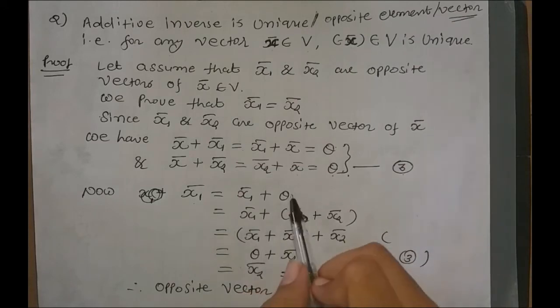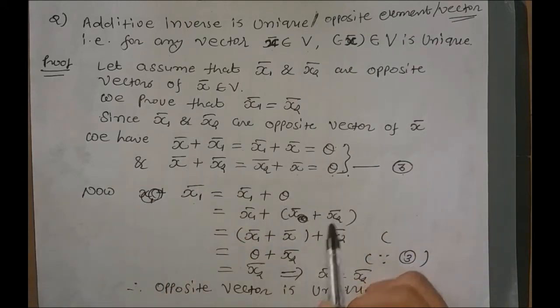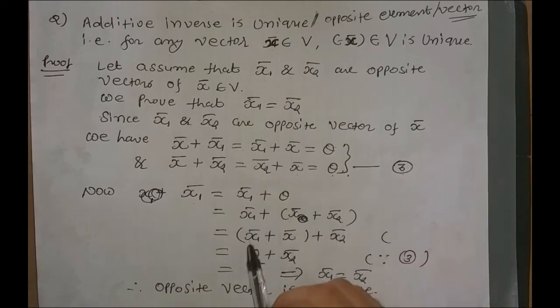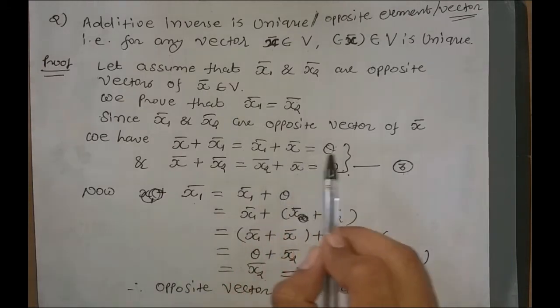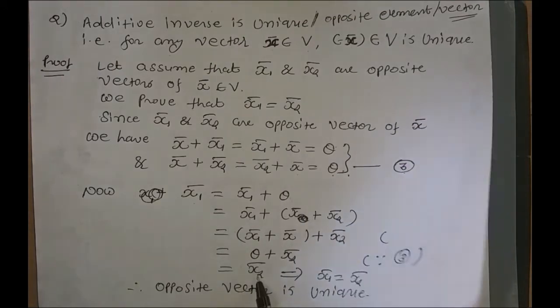Applying the associative property, we get x1 bar plus x bar plus x2 bar. Now x1 bar plus x bar is equal to the zero vector, so here we get the zero vector theta plus x2 bar. Now x2 bar plus the zero vector gives x2 bar.